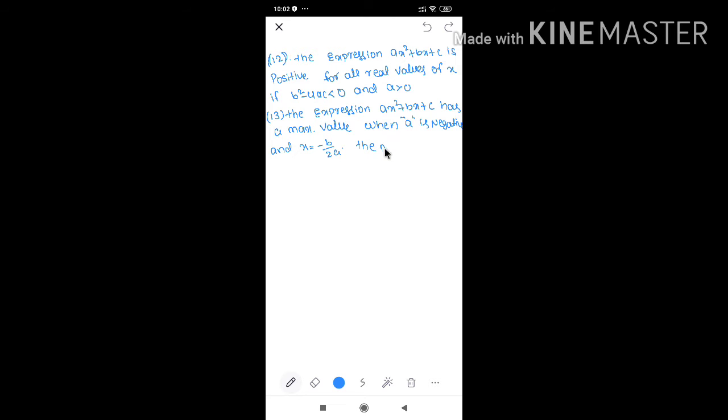The maximum value is 4ac minus b square by 4a.